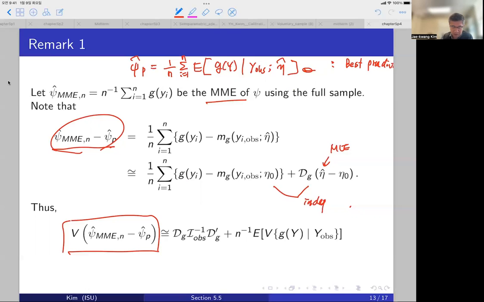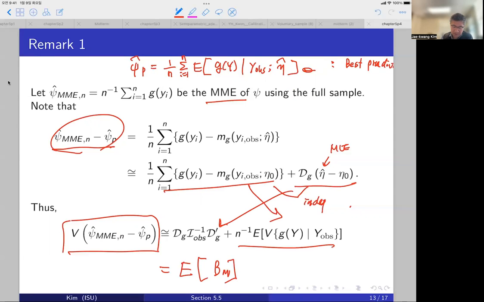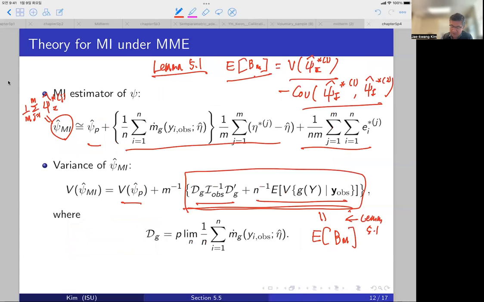The imputation and the best predictor each have a variance, and it turns out the variance of this difference is equal to the expectation of B_M, by Lemma 5.1.